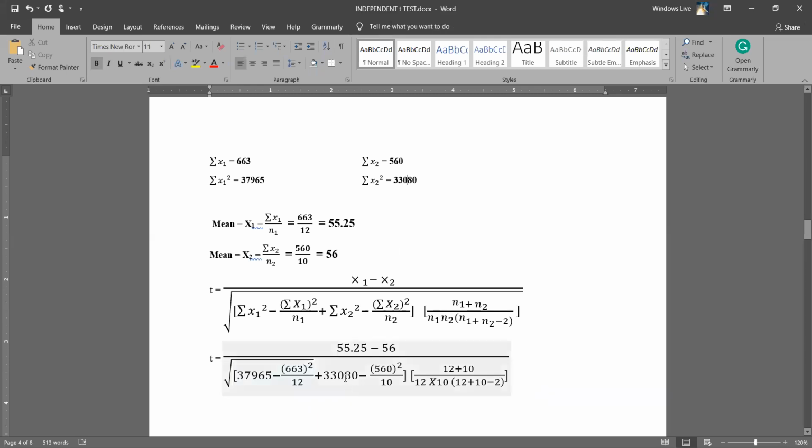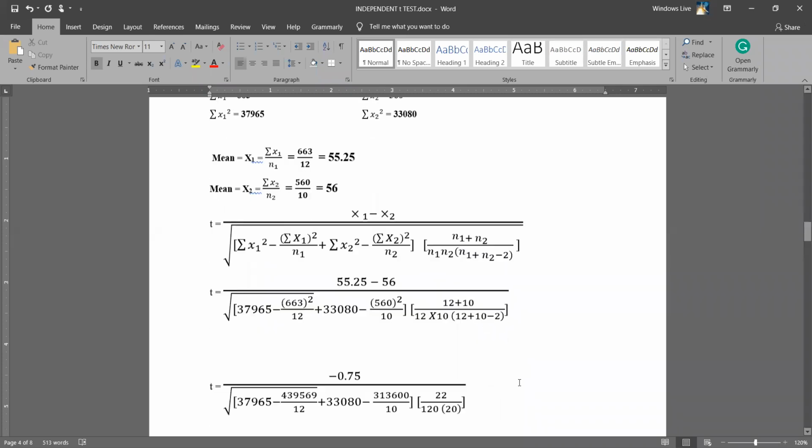That's what you indicate here, minus sigma x all squared. With sigma x, we had it to be 560 for group 2. That's what is here, over 10, which is n2. Then you do the rest. n1 is 12, 10, and so on and so forth. You input them like that.